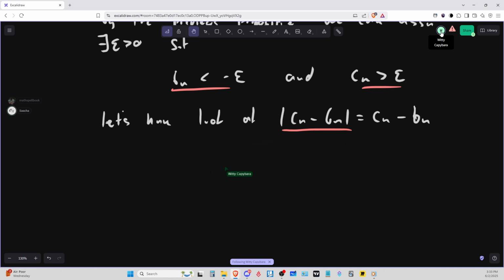So we get Cn minus Bn. We know that Cn is less than epsilon, and let's put a minus in front of the Bn here. If we put a minus, then we swap the inequality sign, so we get epsilon is greater or equal to minus Bn.